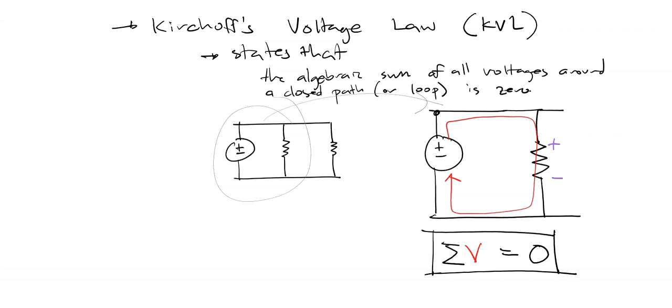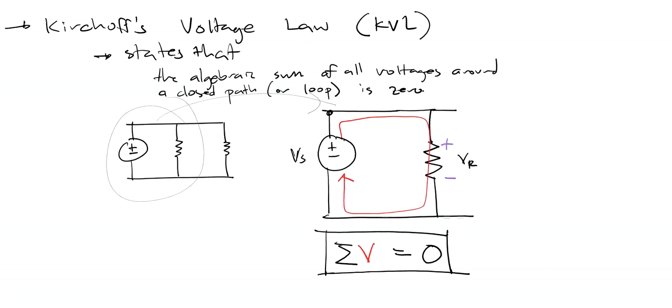So therefore, let's say we'll write this is Vs, our voltage source, and this is our V element, let's say a resistor, and we'll write Vr. So if this is negative, then this one is positive, right? So let's just write negative Vs because it enters this negative terminal.